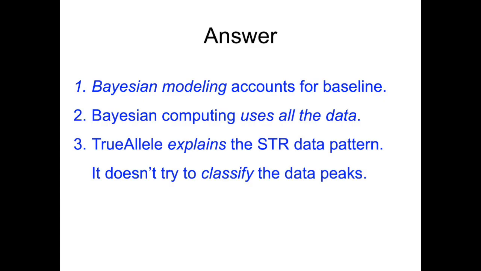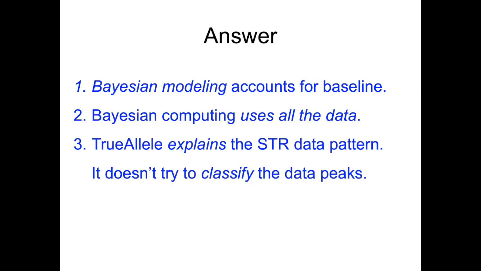Obviously, TrueAllele's modeling a lot of other things: stutter, relative amplification, the variance parameters on everything it can see, the PCR variation. But in particular, it's modeling baseline and is distinguishing between what is background noise versus actual allele signal.